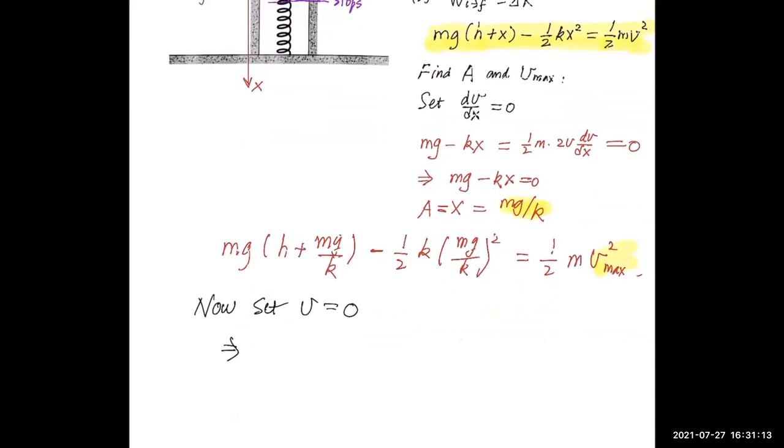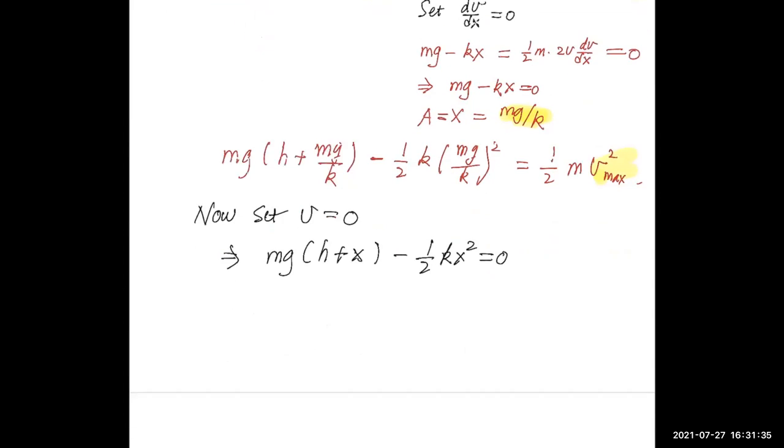So you have mg(h plus x) minus 1/2 kx squared equals 0, okay? And that x is the amount of compression upon which the block stops.